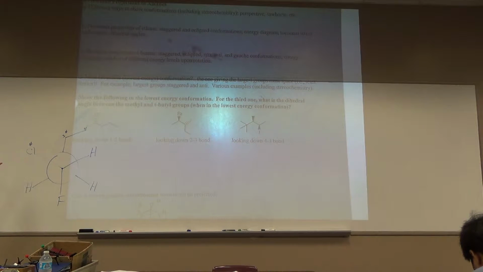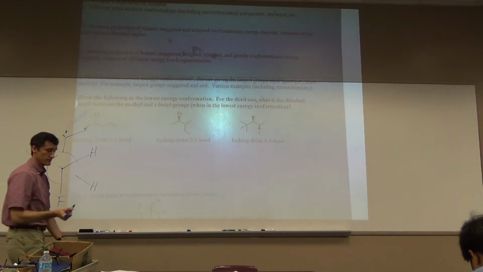Why don't you keep the back still and just rotate the front? And when I say rotate it, just turn it like a dial. Okay? So draw the lowest energy conformation now. I'm going to rotate the front when I do it.